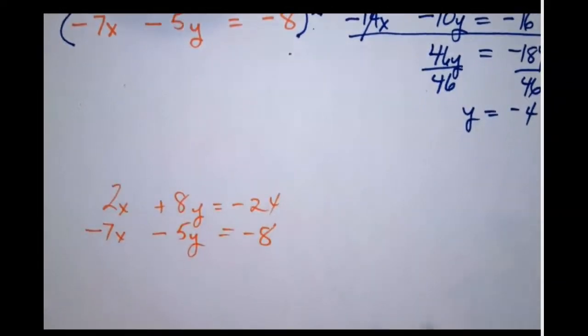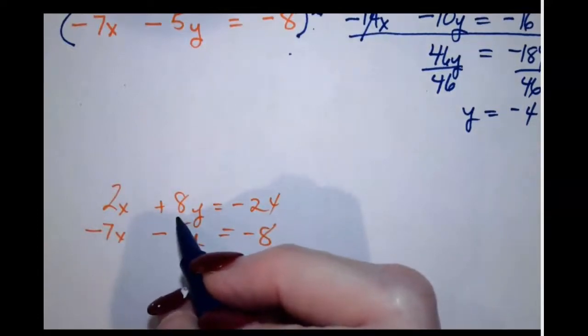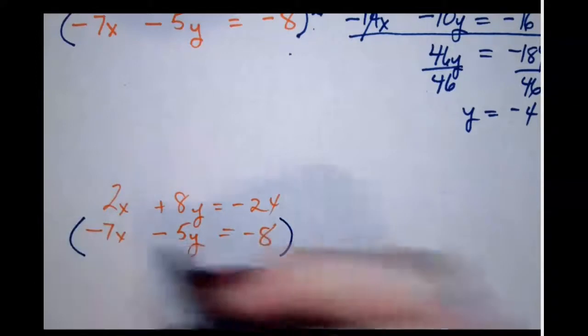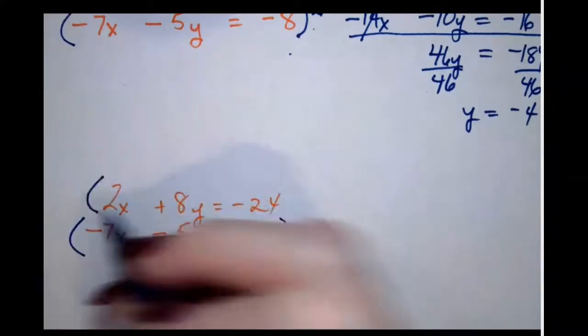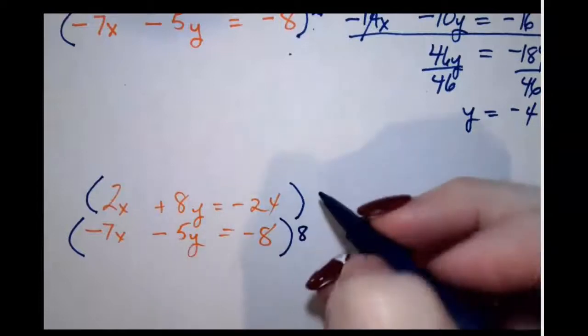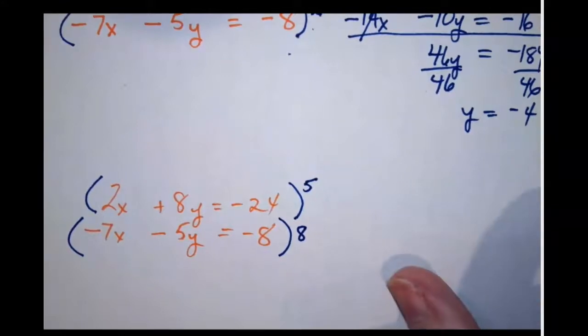Instead of the x's, I did the y's. Well, that's an 8, right? So I'm going to multiply all of this by 8. And this one I'm going to multiply by 5. Now I'm not going to multiply by negative 5 because I need the negative to stay there. And you'll see that in just a minute.